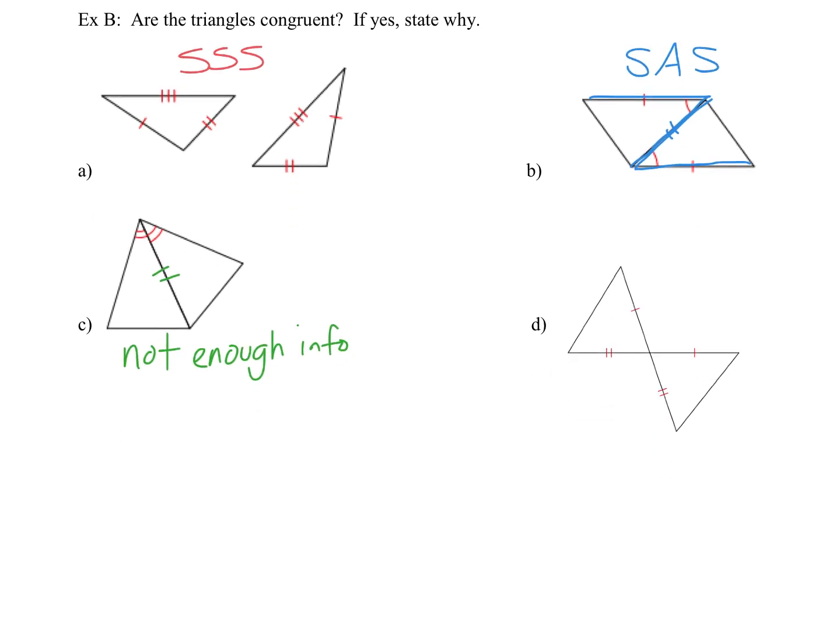All right, so for part D here, we've got some sides that are congruent, which is good. I don't have anything about the third side, and I don't have anything specifically about angles, but there's something we know to be true with the angles. Do you see something that we know would be congruent?